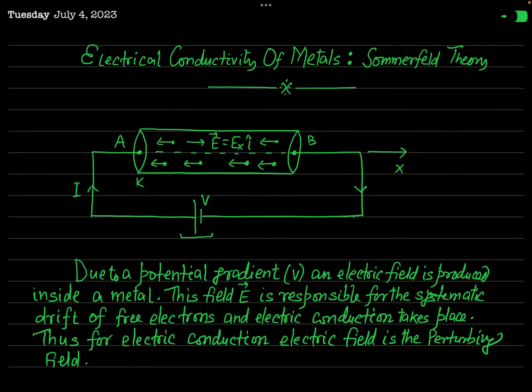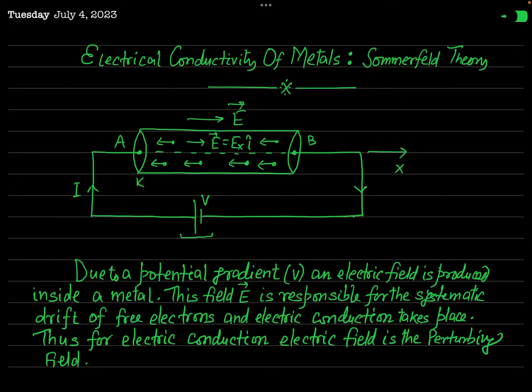This is in fact an external electric field, and this field is directed from higher potential to lower potential. So in accordance with this figure, the electric field inside this specimen will be directed from A to B, and I have taken this direction as the x direction. So you can also say that I have applied an electric field E along the x direction in this specimen.